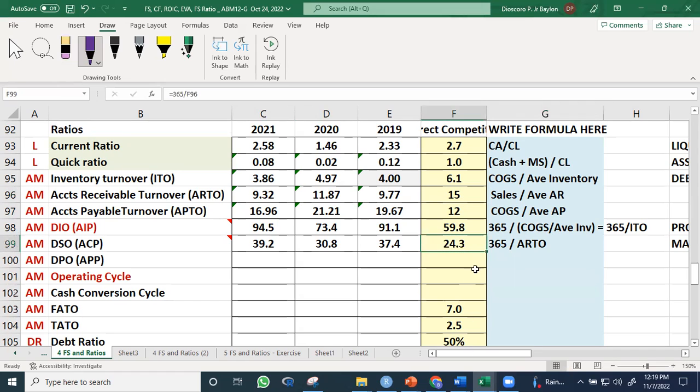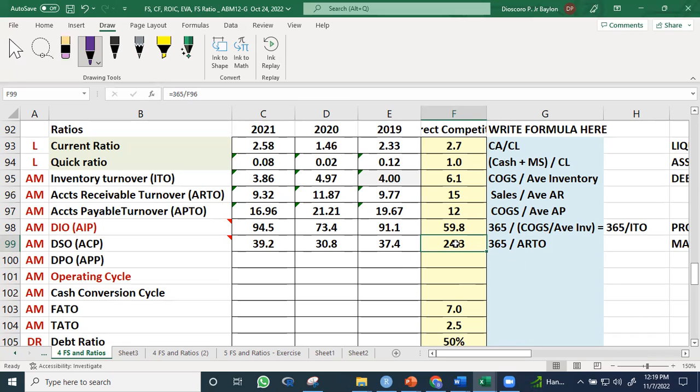So in 24 days, the company collects. So the competitor's collection process is probably more efficient. Maybe people are afraid to default because they don't want to be blacklisted by this company, and there are many possible reasons. Of course, we can only surmise and we don't have that information, but it's important for management to look deeper and see what's happening.